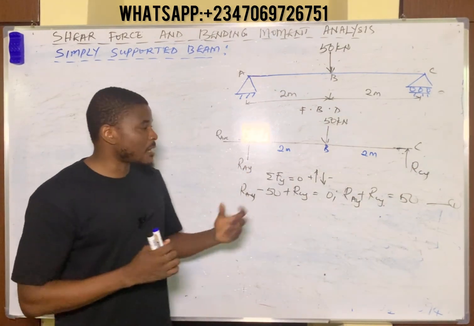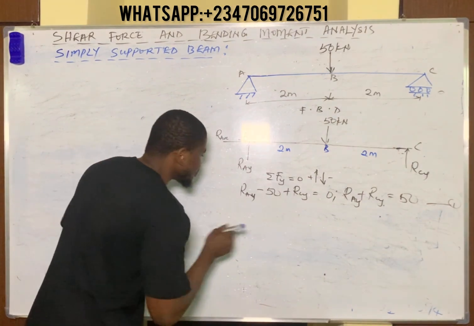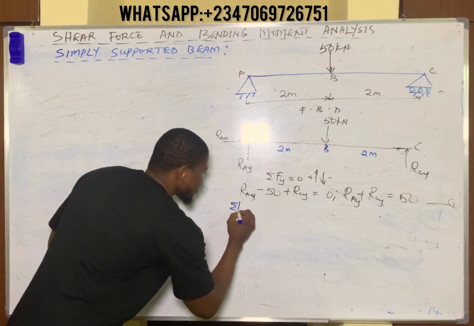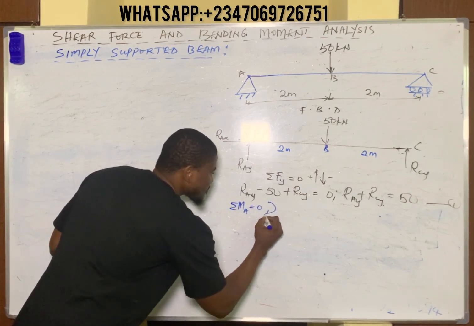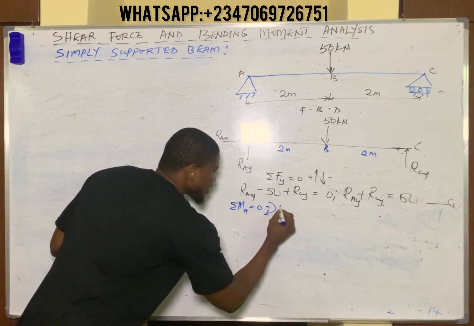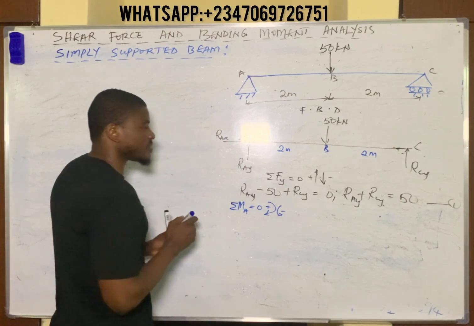But let's just go on and take moment at point A, right? So summation of moment at A is equal to 0. We consider clockwise moment to be positive, and anti-clockwise moment to be negative.